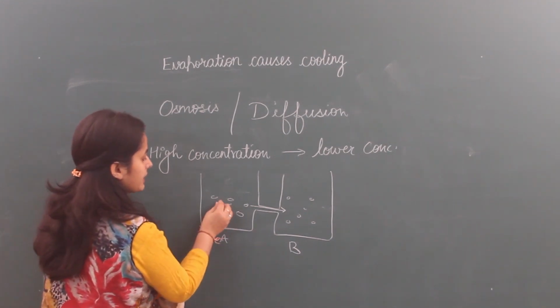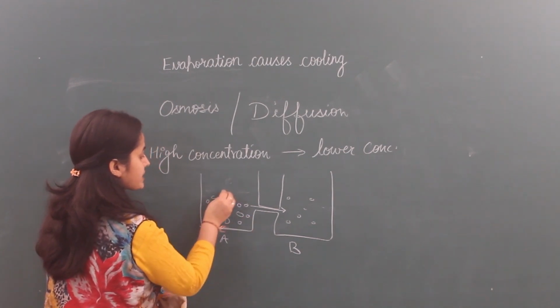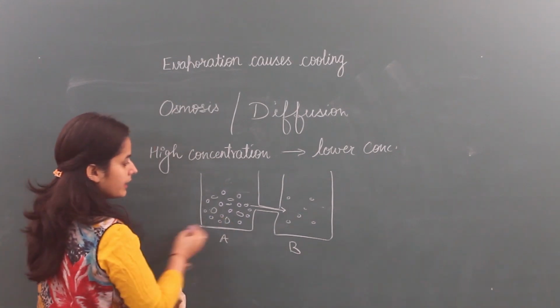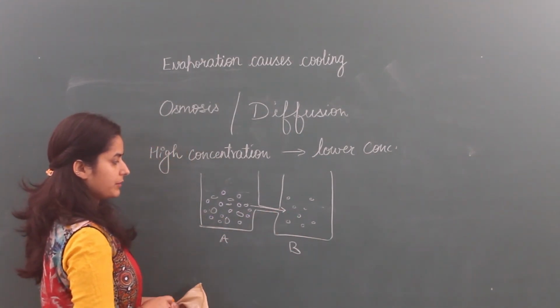Now next I am taking a different material in this. In container A, these particles are also present. It can be some color, it can be sugar, salt, etc. that we mix in water. Here it is less in concentration. Now what happened?